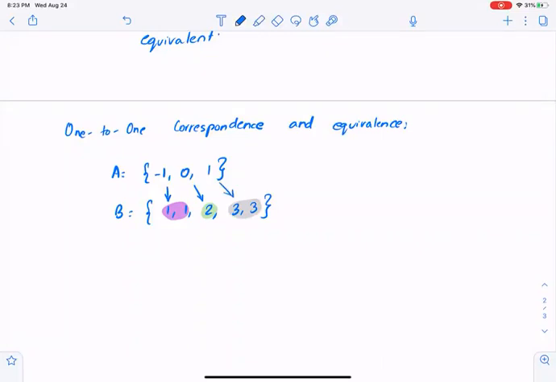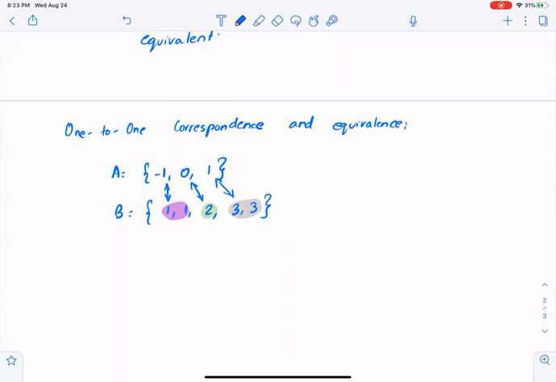So the element 3 in set B corresponds to element 1 in set A. Element 2 in set B corresponds to element 0 in set A. Element 1 in set B corresponds to element -1 in set A. So definitely there is one-to-one correspondence.